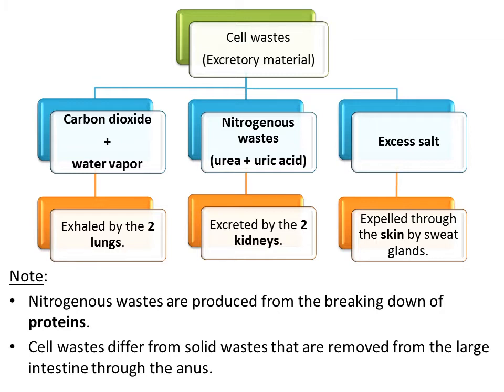The solid waste, we took it last year in the digestive system, and we said that when there is undigested food inside my body, the large intestine takes this undigested food and removes it in the form of solid waste through the anus. This is another part than the urinary system.